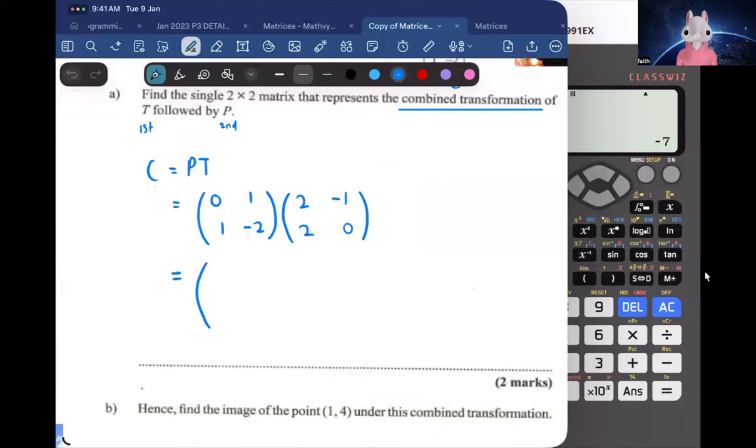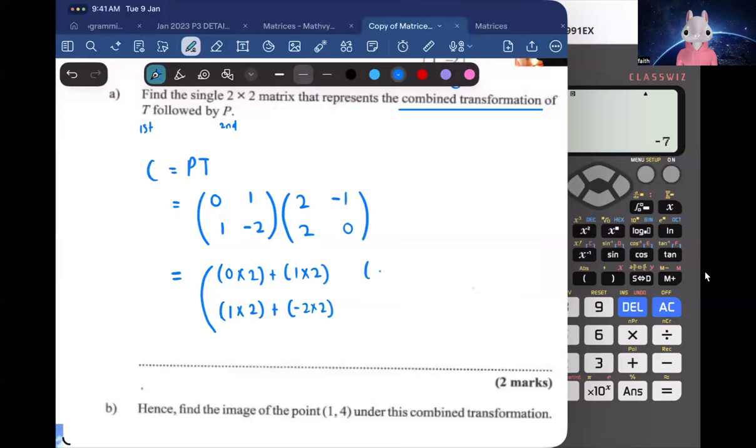Now we multiply this thing out fast. 0 by 2 plus 1 by 2. Then 1 by 2 plus negative 2 by 2.